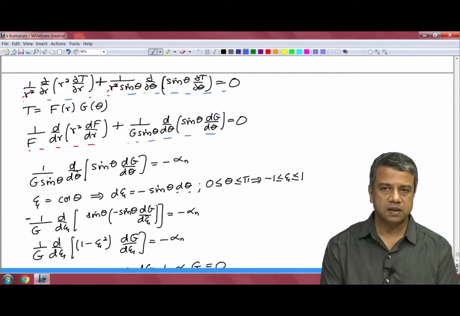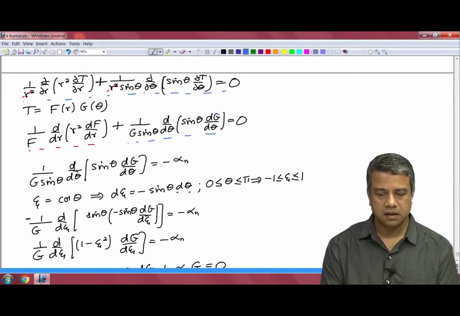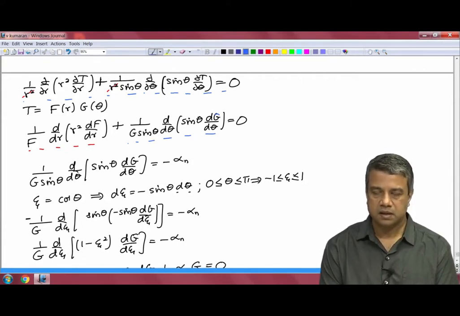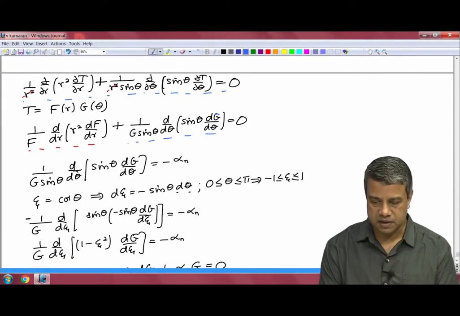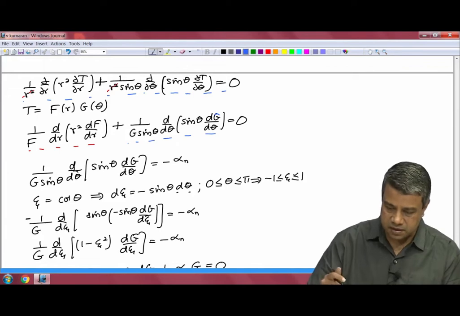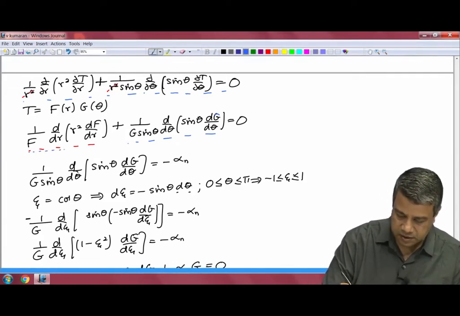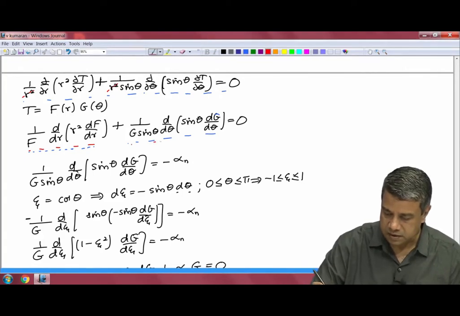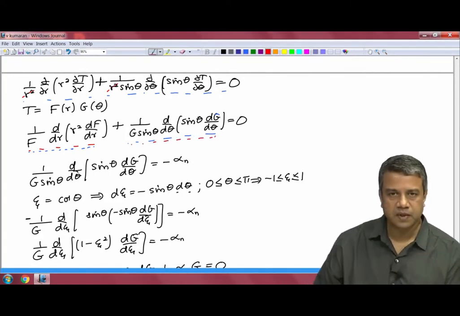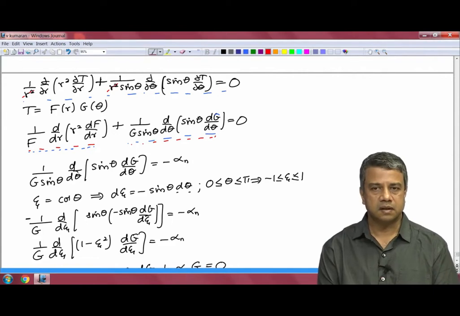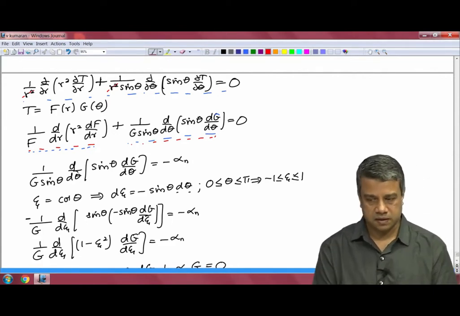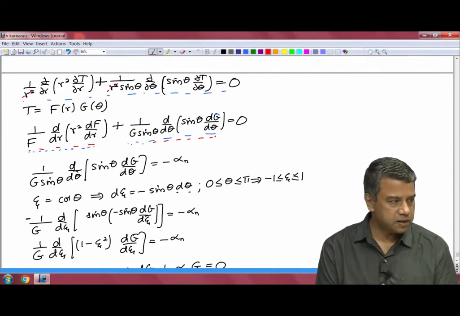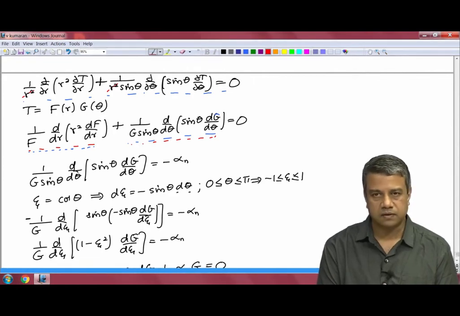Substitute that into the Laplace equation, multiply by r square, divide by f times g to get this equation, in which the first term on the left depends only upon r, the second term on the left depends only upon theta, and therefore, both of these have to be constants. And we were attempting to find out what is the value of this constant.